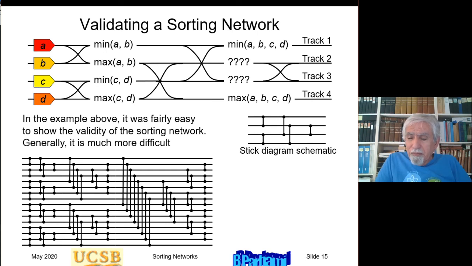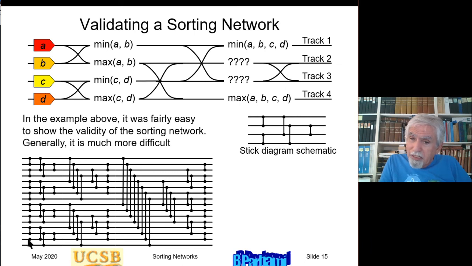Now imagine if I wanted to show that this is a correct 16 input sorting network. It's not as easy to prove, okay? Therefore, we need a mechanism, a procedure for being able to prove that such a sorting network is correct, and more importantly, to design the sorting network in the first place.